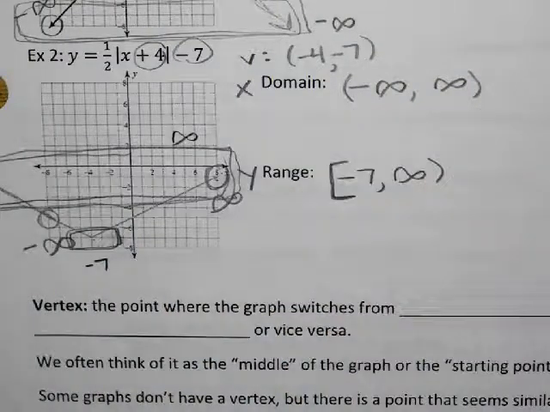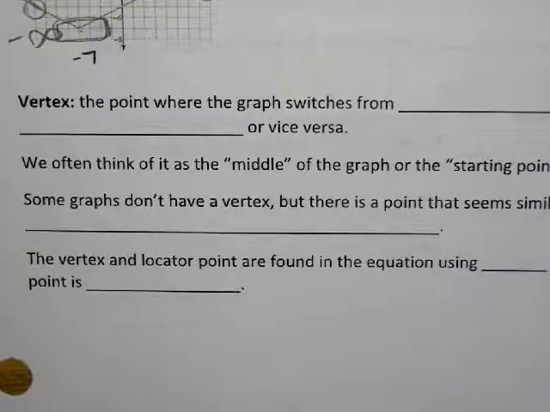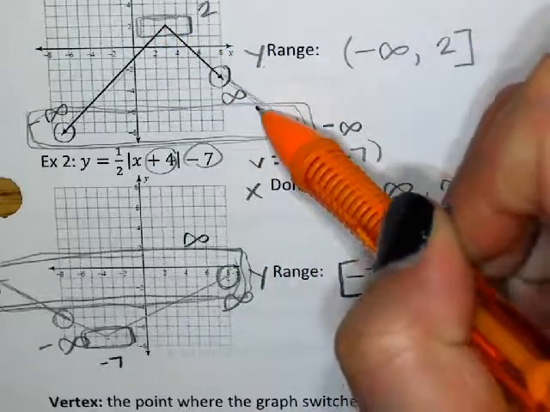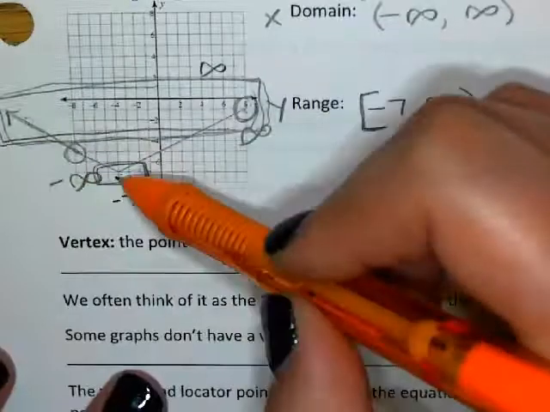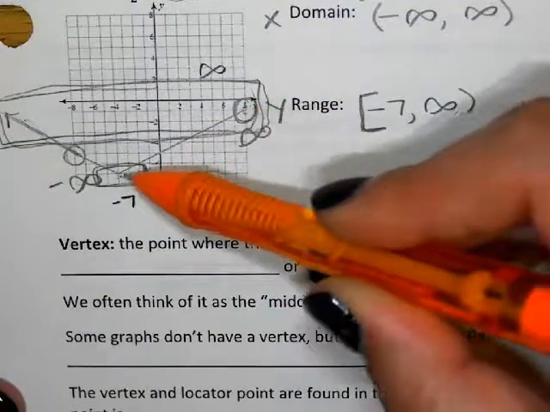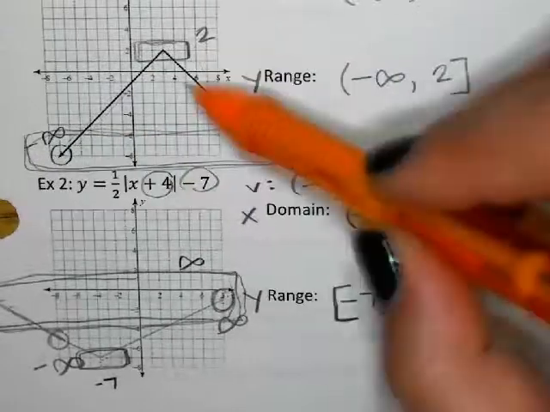Okay. All right, the next one, we have the vertex. The vertex is the point where the graph switches from increasing to decreasing or vice versa. If you look at these graphs, they're increasing when the graph goes up, they're decreasing when the graph goes down. So the vertex is where the graph switches directions, kind of like the highest point, the lowest point.